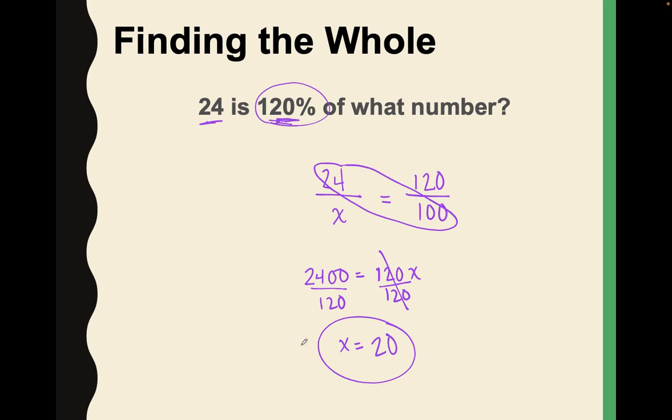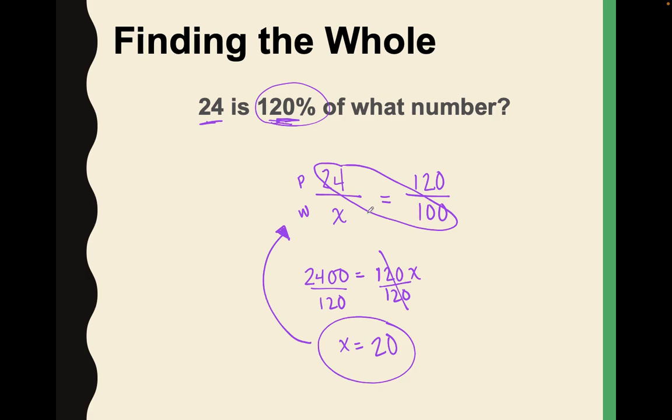One thing you can do here is stop and think about whether your answer makes sense in the original problem. Since we know that the percent is greater than 100, it should make sense that your part here is bigger than your whole. If you got a 120% on a test or quiz, that means you would have gotten 24 points out of 20.